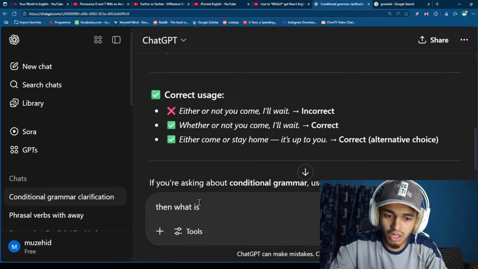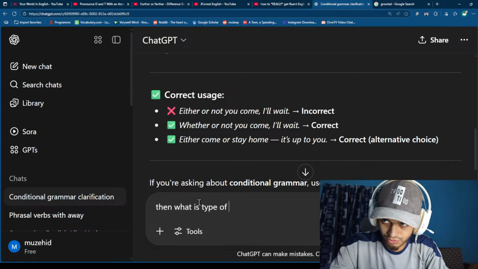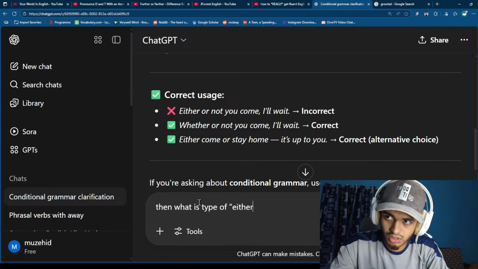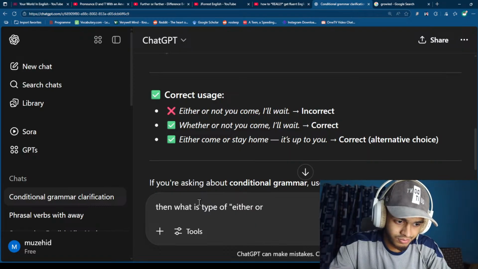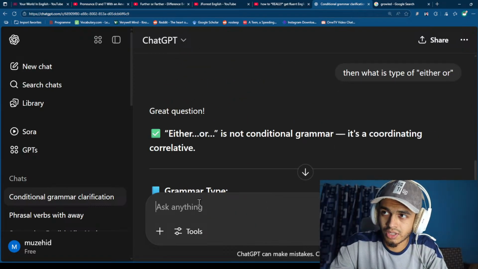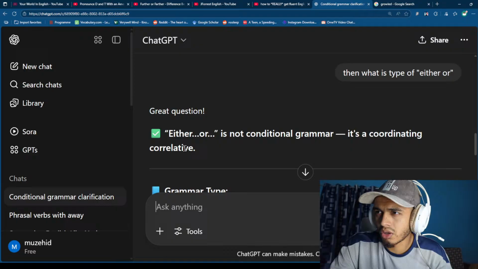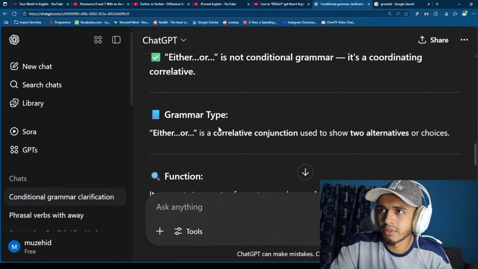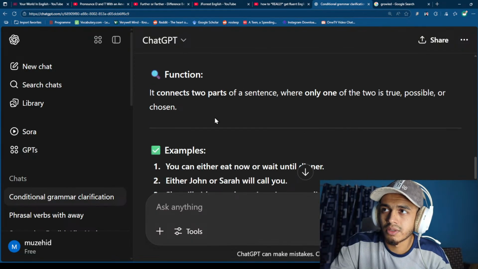Then what is the type of either or? Great question. Either or is not conditional grammar. It's a correlative conjunction, used to show two alternatives or choices.